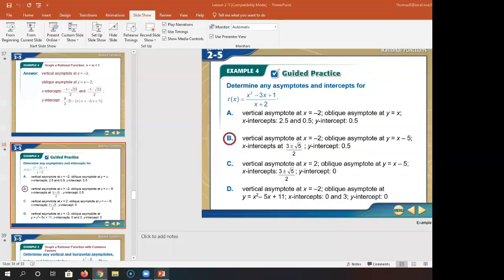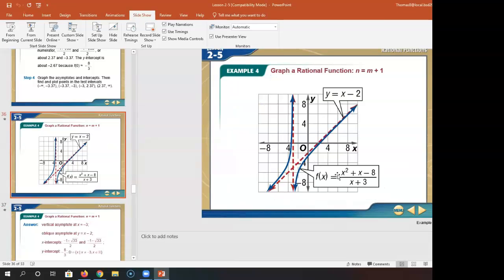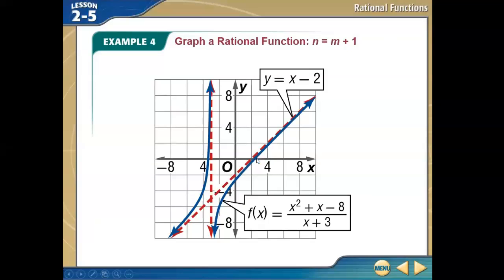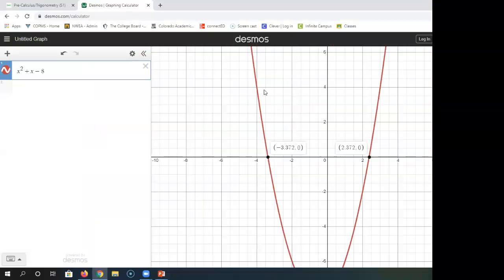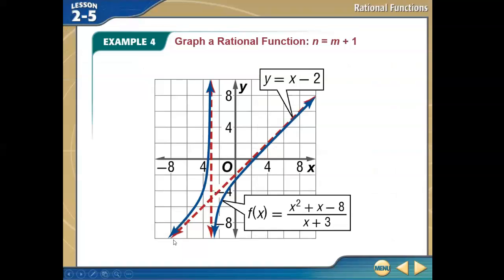If I go back to our graph, you can see our zeros, or our x-intercepts, match to where our zeros are here. It's roughly about 2.72, and that's a negative 3.3.